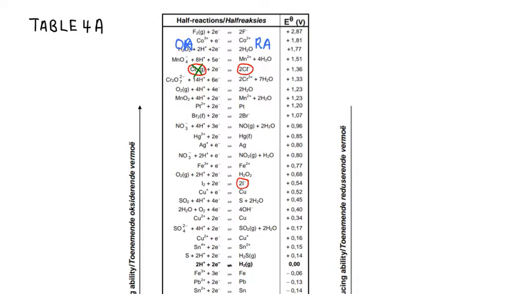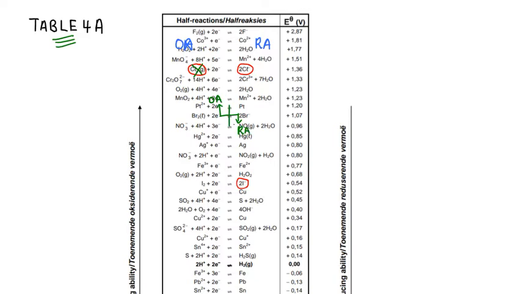Looking at the reducing agent side, it comes down to between the chloride ions and the iodine ions. Remember, table 4A lists these standard reduction potentials in decreasing order, so the strongest oxidizing agent is always at the bottom of the table. As you go down the table, that is where you find the strongest oxidizing agent. Or you can just use my direction arrows: strong oxidizing agent, strong reducing agent.